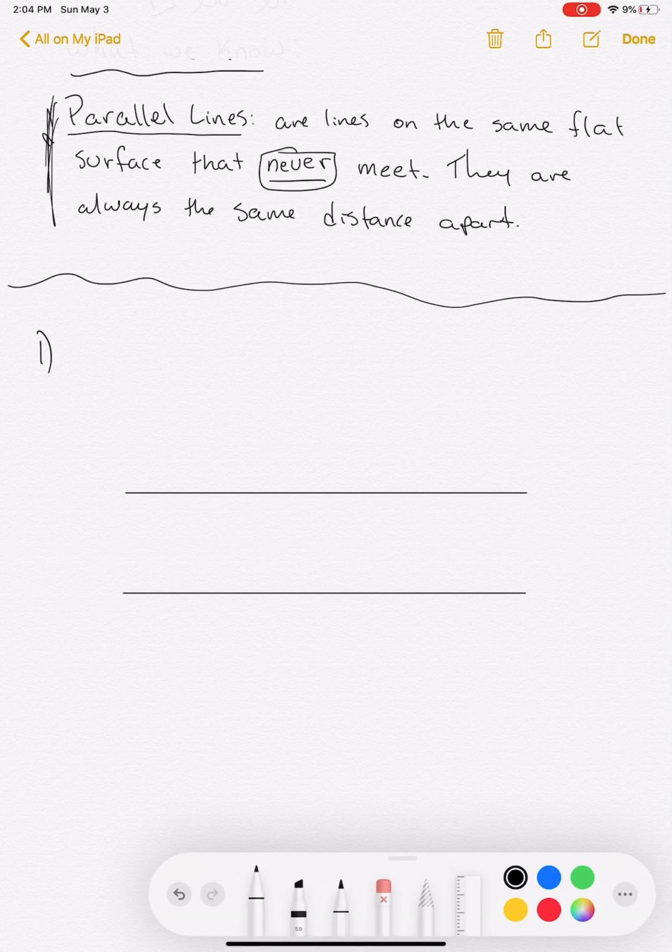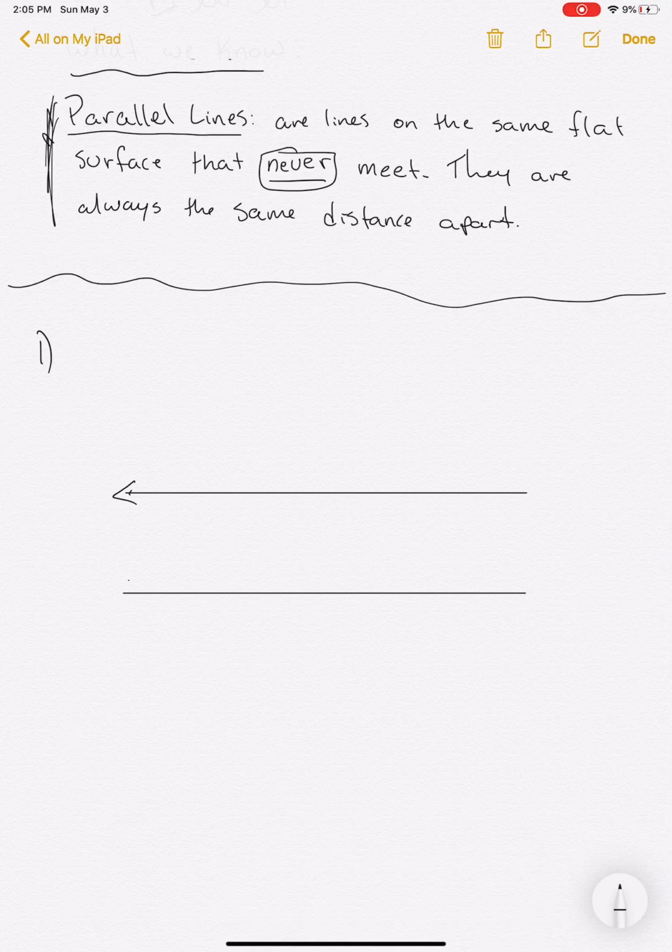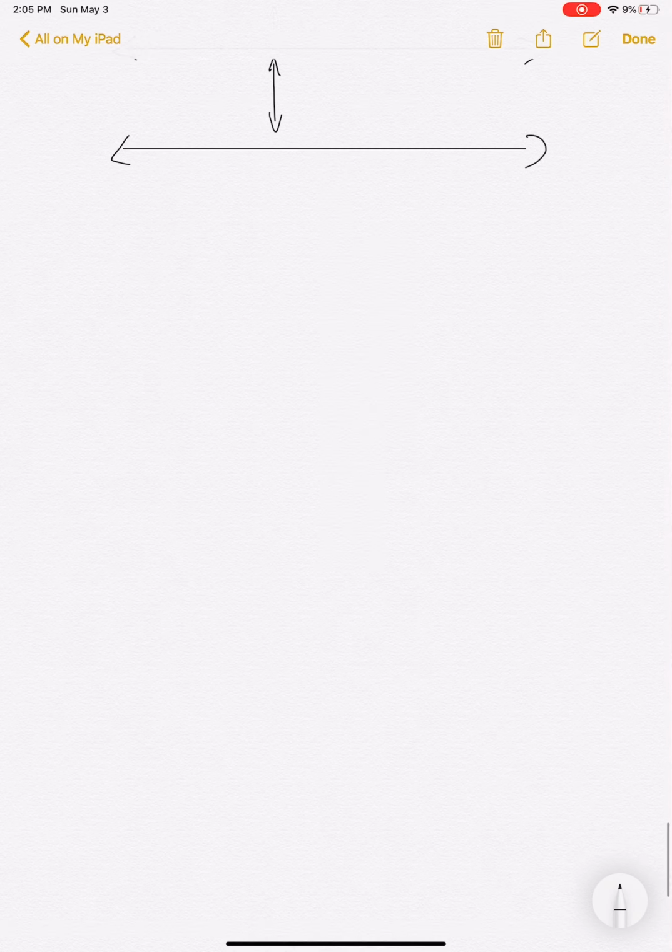Now you can see that these lines, no matter how long or short they are, will always be the same distance apart. They are never going to touch. Even if the lines were infinite, they would never touch, whether they're a centimeter long or 5,000 kilometers long. They're parallel, so they'll never touch.